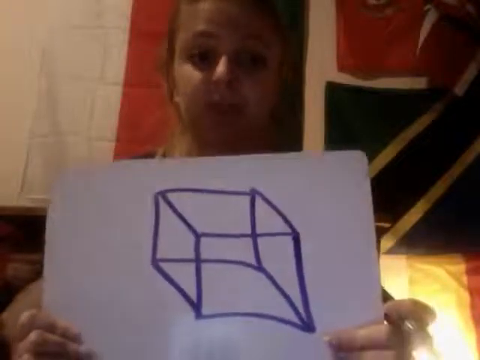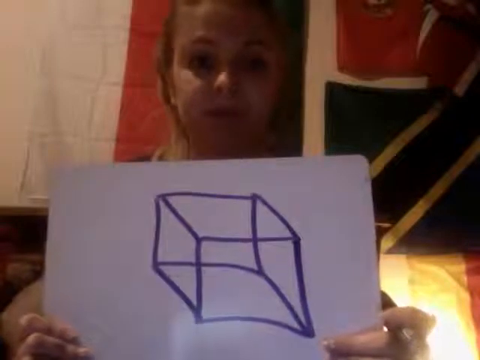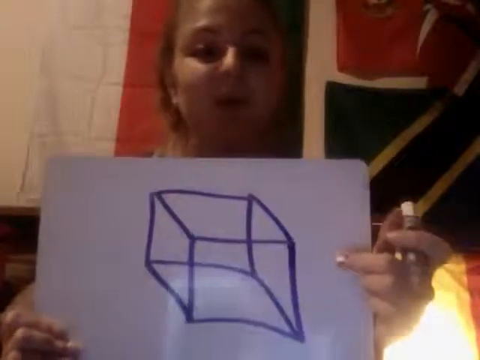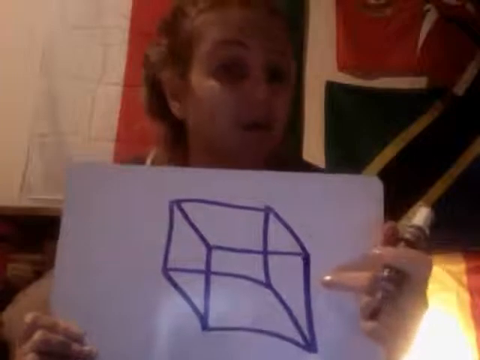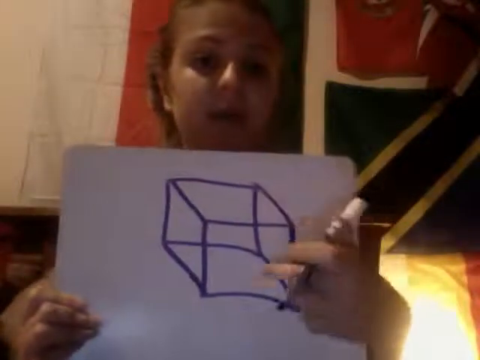What is this shape? Hopefully you said it's a cube. Remember, think of ice cube. This is a cube, and we know it's a cube because it has square sides. All right, another 3D shape.